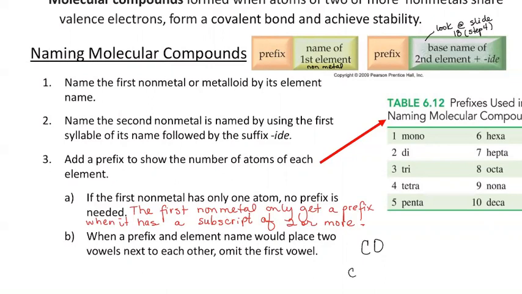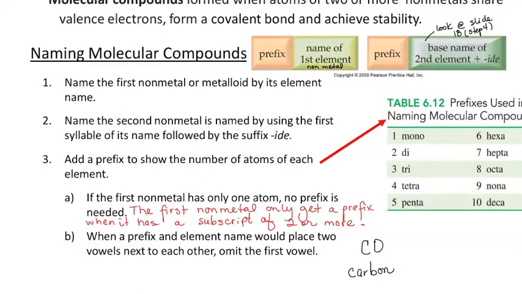Thank you, Katie. That's carbon. Now, why is it that we did not put monocarbon? Because look at Rule 3A. If we have only 1 atom in the first element, no prefix. It needs to have 2 or more.